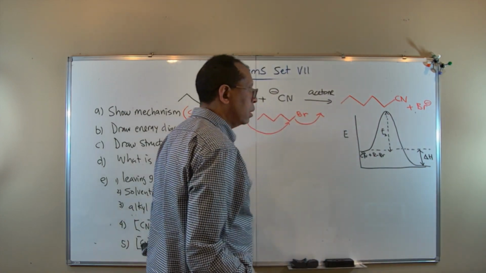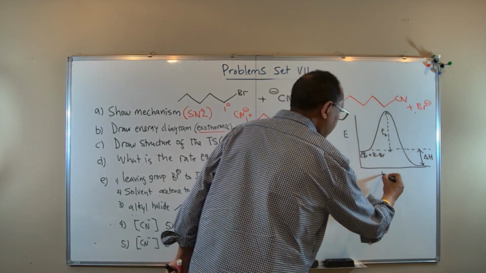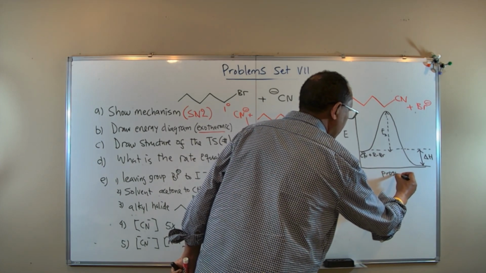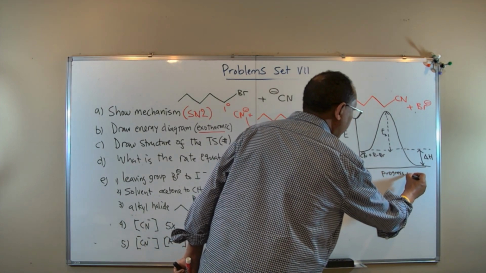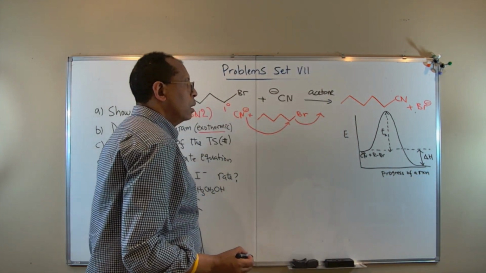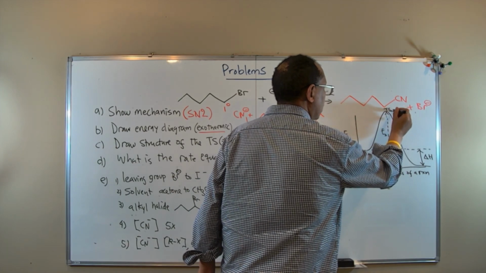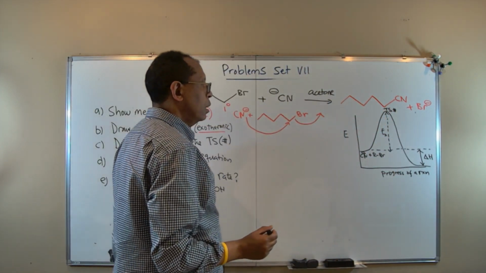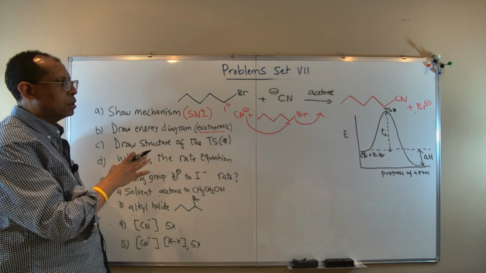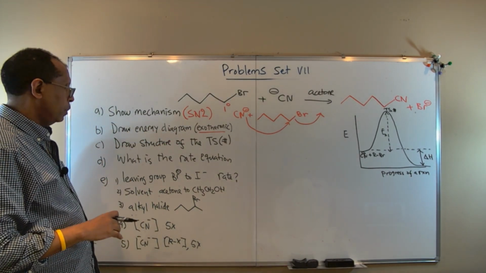Heat of the reaction is delta H. Here it's the progress of the reaction. This is the transition state. The highest energy is the transition state. So that's enough for the energy diagram.